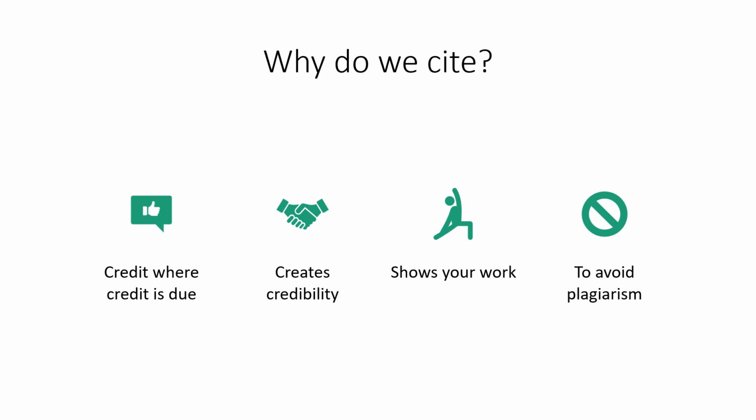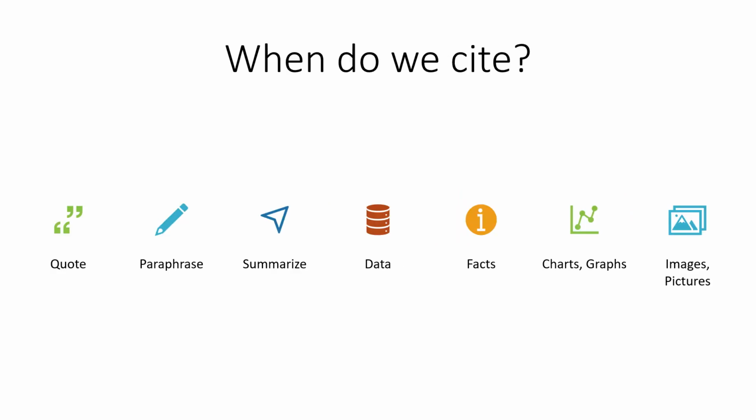Plagiarism is when you, intentionally or not, pass off someone else's work as your own. This can include directly copying text or simply rewording someone else's work. When you include a citation, you're showing where you found your information and are showing that it is not your original work. It is important to provide a citation whenever you use work that you have not created.